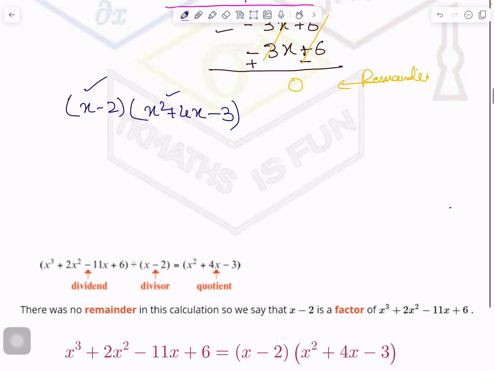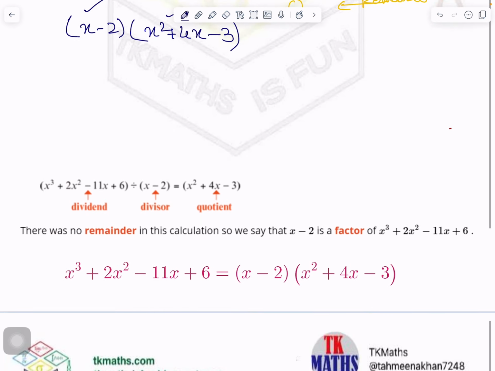So in general, if you see somewhere it is written like this, do not get confused. This is your dividend, this is your divisor, and this is your quotient. This language is very important to understand in the factors of polynomial chapter, because when letters are used, you should be able to get this.